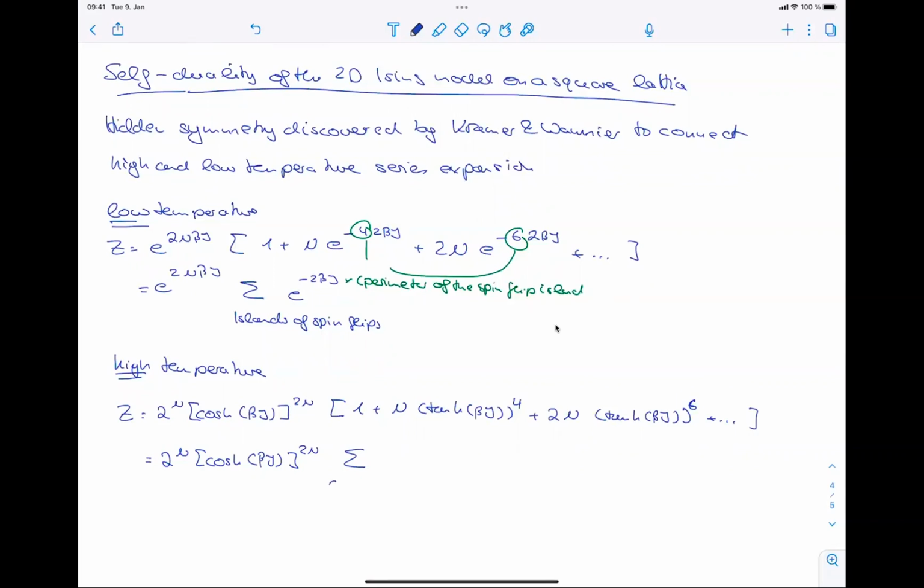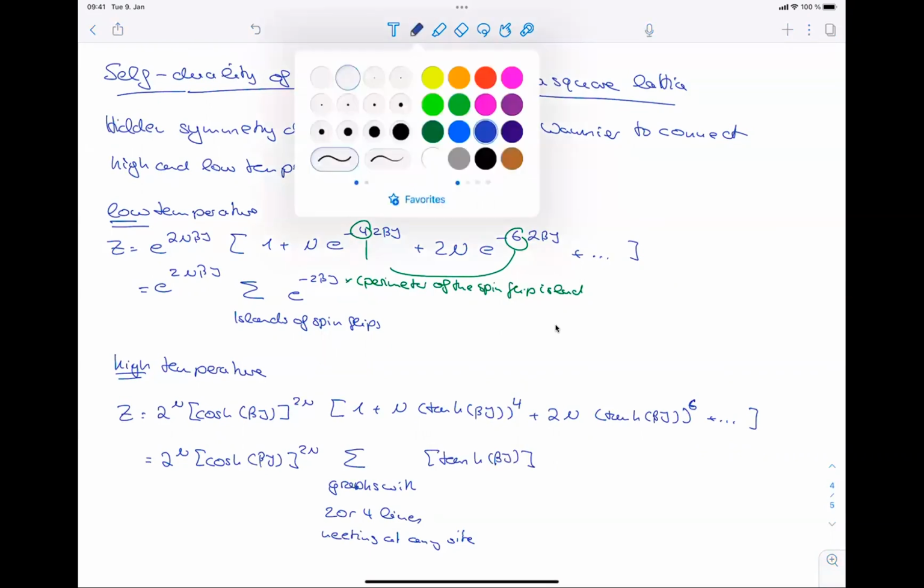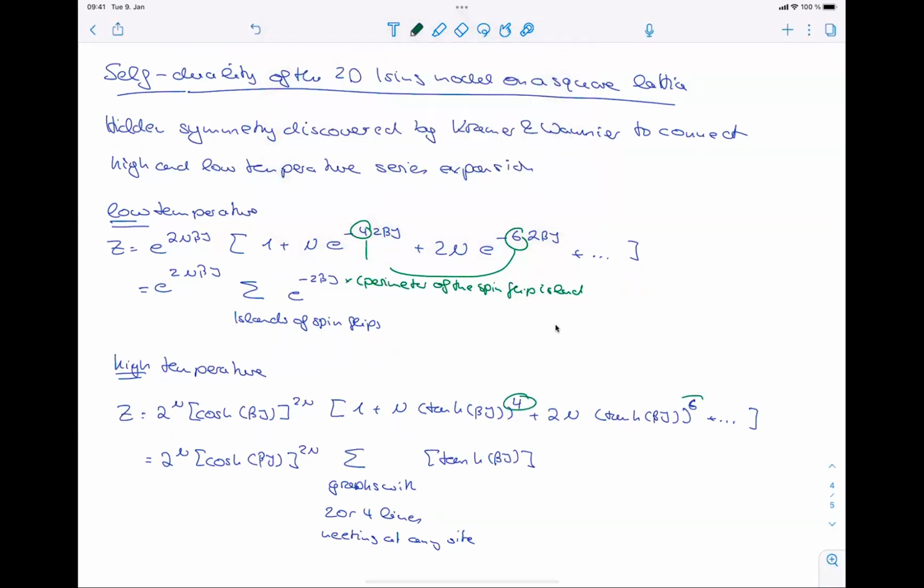So I'm summing over all graphs with 2 or 4 lines meeting at any site. And they all contribute together, and that's the length of the graph that gives this exponent here.